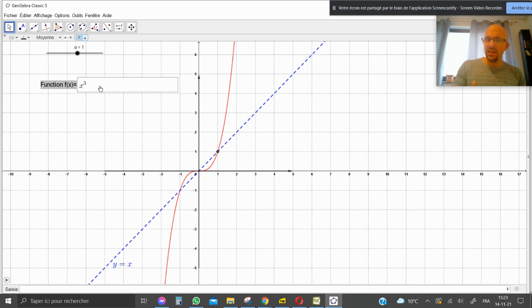So let's see if, using the graphical property, we can reconstruct the graph of the cubic root of x. Do you see? It has to be the cubic root of x. Let's see what it gives us if it goes this way. You see, it's the graph of the cubic root of x.